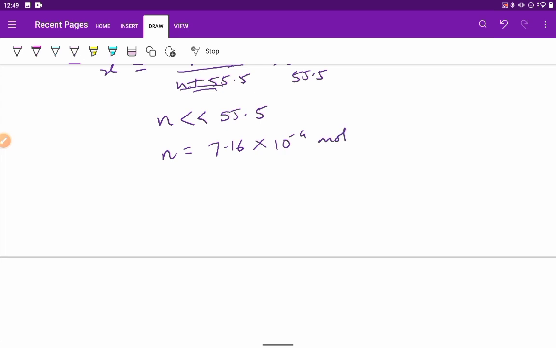If you convert it into millimoles, what do we do? Multiply by 10 to the power 3. So this will be 7.16 into 10 to the power minus 4 into 10 to the power 3 millimoles.